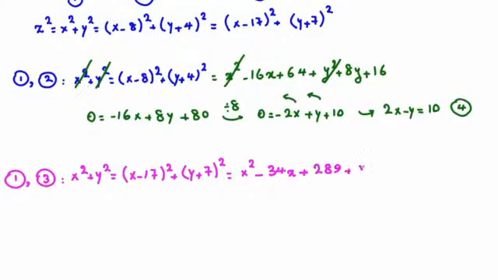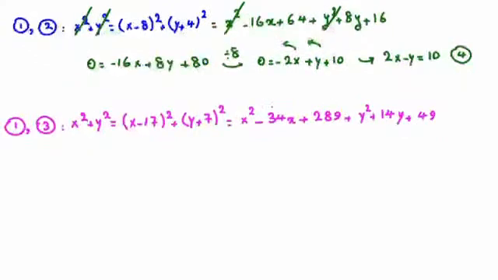And next one is y squared plus 14y plus 49. Okay. Now we cancel x squared, we cancel y squared. Then we write 0 equals negative 34x plus 14y. If we rearrange, 289 plus 49. 9 plus 9, 18. We have 1. 1 plus 4, 5 plus 8, 13.